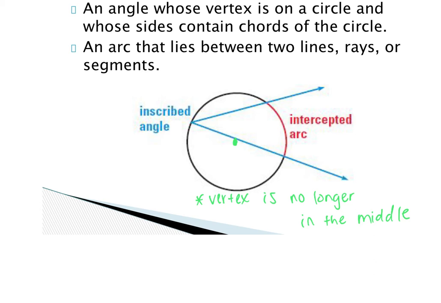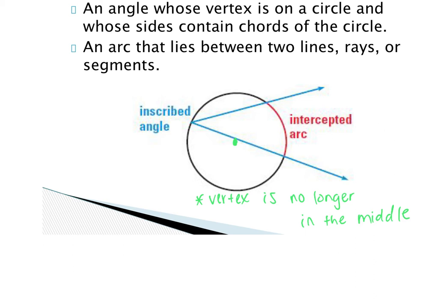This angle is no longer the same measure as the arc. Do you guys remember, if this was 90 degrees, the angle, then this arc was also 90? That no longer happens when your vertex is over on the edge. We have to apply a new formula. Are you guys okay with knowing, if your vertex is not in the middle, it's not the same?